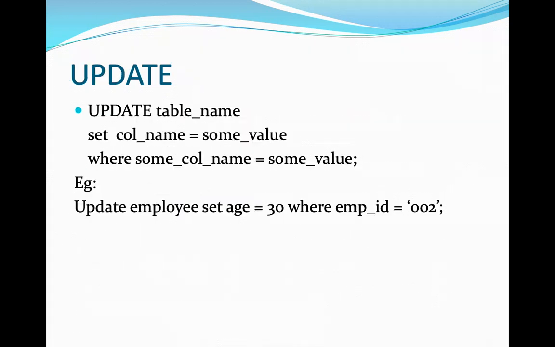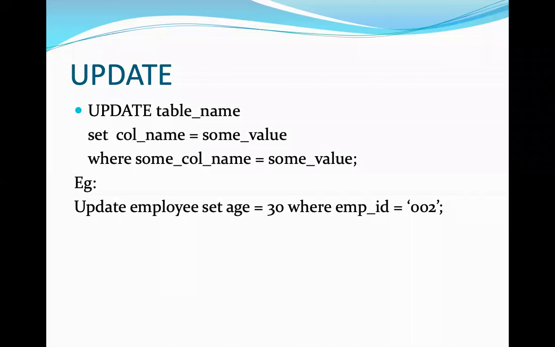Then the update command is used on the data inside. So we use it inside the DML command, data manipulation language, under which the update command is there. Update will work on the data. If we want to update any record or any field in the table, we can do it with the help of the syntax: update table name, set the column we want to set the value for, and where we want to do that particular change.